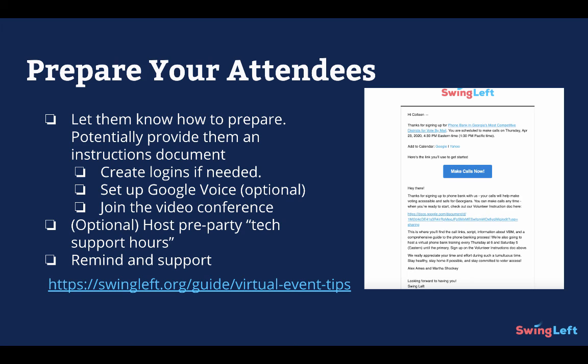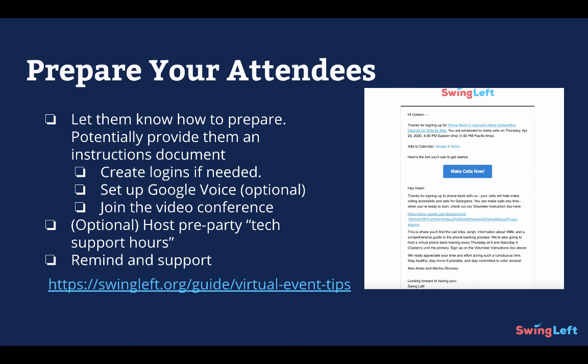this is an example of providing information in the registration email that goes out when somebody registers for a phone bank on Mobilize. So there is a field when you're setting up your Mobilize event called Additional Details, which allows you to include information like a link to instructions, the video conference link, instructions on creating a login, all the things that someone will get automatically when they register for your event on Mobilize.